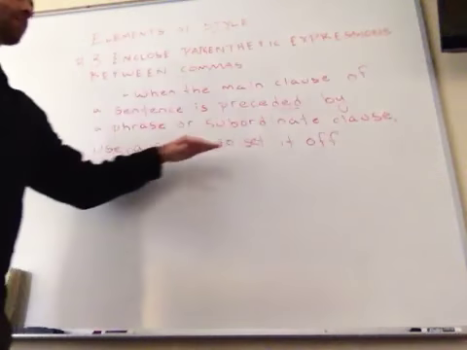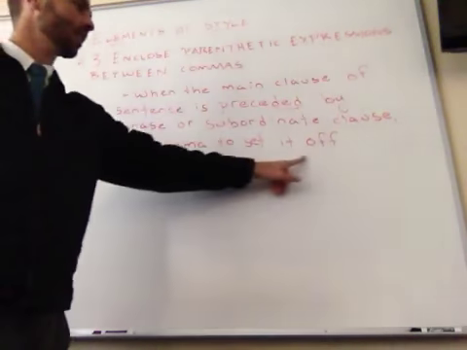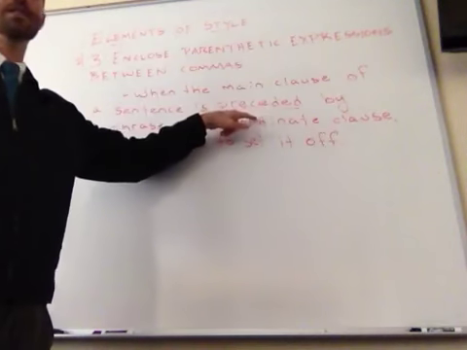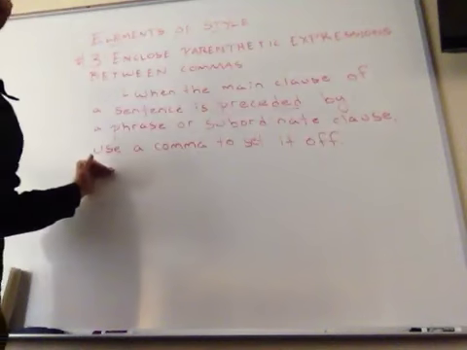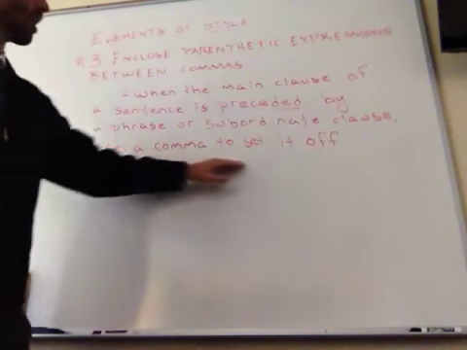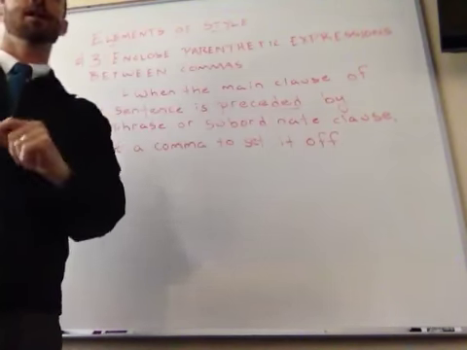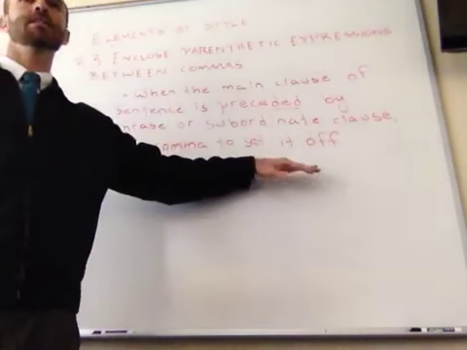Now, if I switch the order of this, if I put this independent clause at the beginning, so that it's no longer preceded by this clause, then I don't need a comma. That's the tricky part. So if this sentence said, use a comma to set it off when the main clause of a sentence is preceded by a phrase or subordinate clause, period. No comma. Why? Because the independent clause begins the sentence.